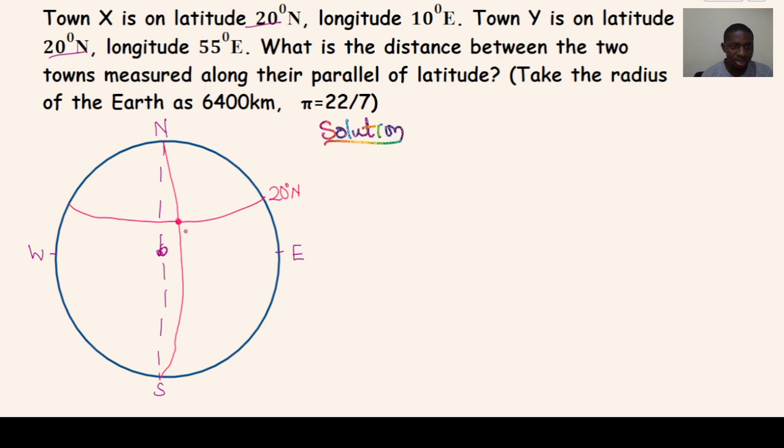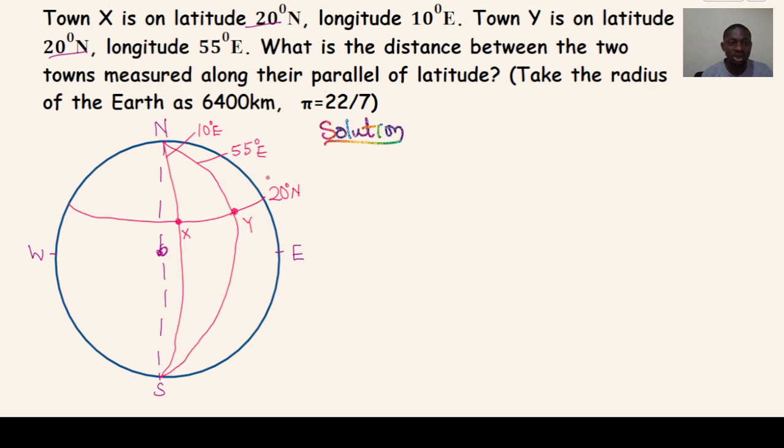So this is the point X, since this is on the longitude 10 degrees east. Point Y is on the longitude 55 degrees east. So this being the point Y on the longitude 55 degrees east.